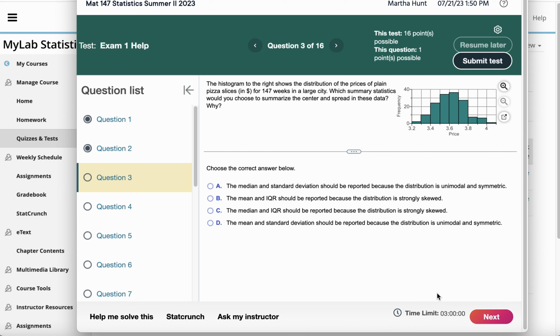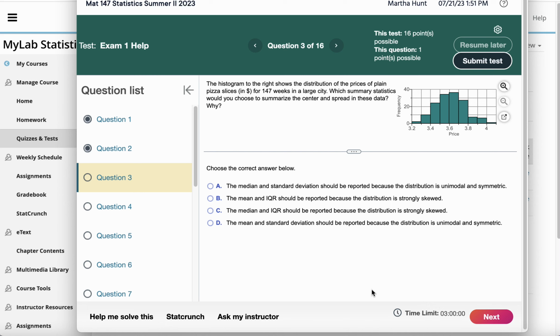So let's see, a histogram to the right shows the distribution of plain pizza slices for 147 weeks in a large city. Here are the summary stats on price in a large city. So we have some choices.